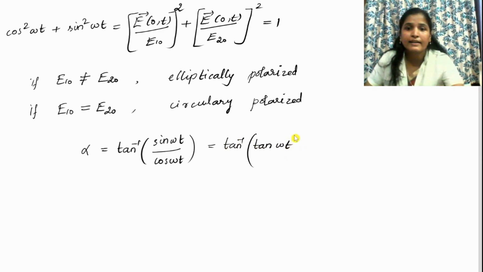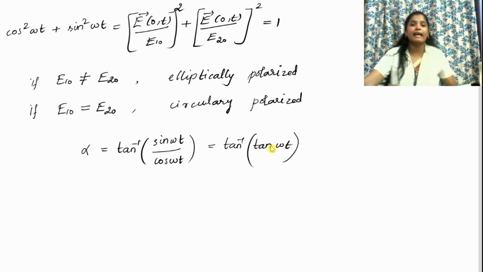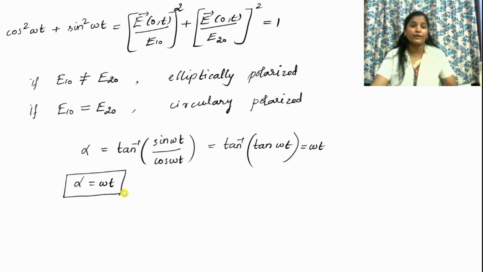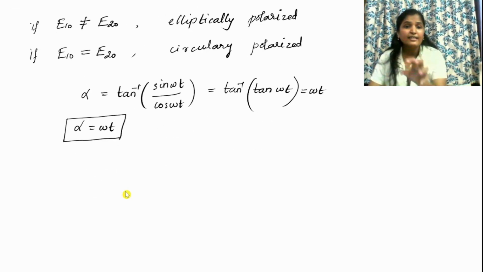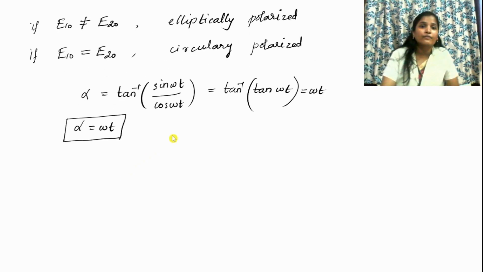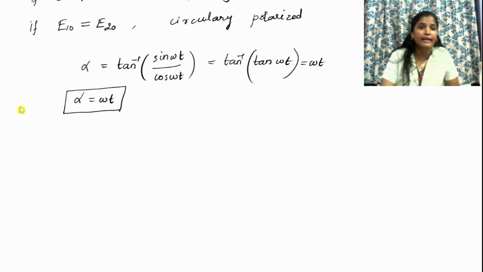Tan inverse and tan both get cancelled and we get omega t. So our alpha, the instantaneous angle, is omega t. With this instantaneous angle we are going to plot the circular polarization, because this condition is applicable for circular polarization. Let us draw the diagram of it.